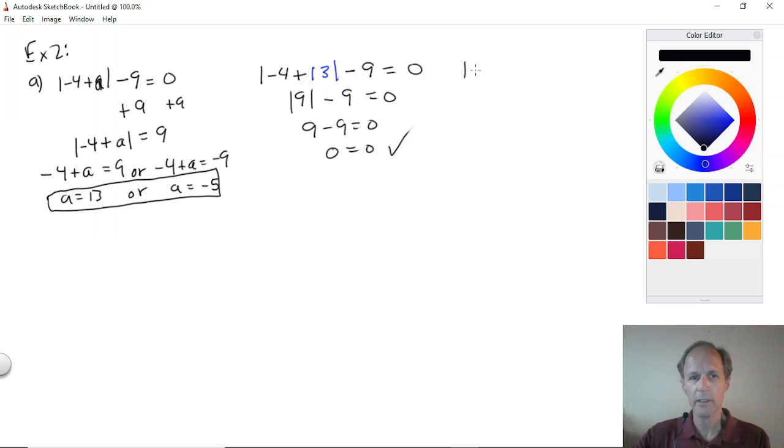For this one, we have negative 4 plus A, and this time we're going to check the solution A is negative 5, so put that in for A. Make it another color.